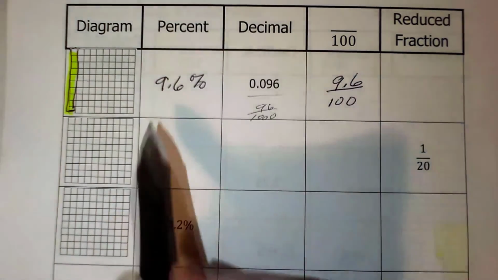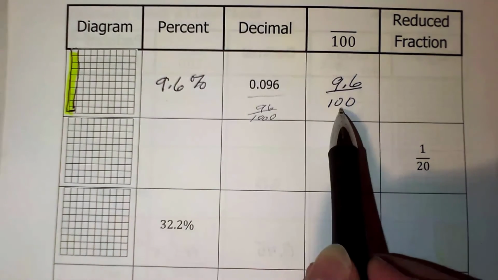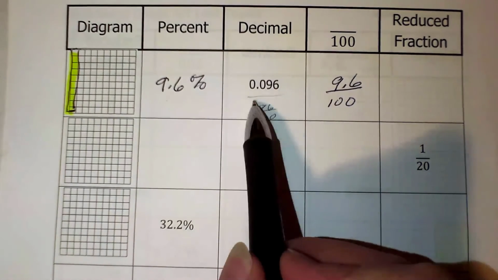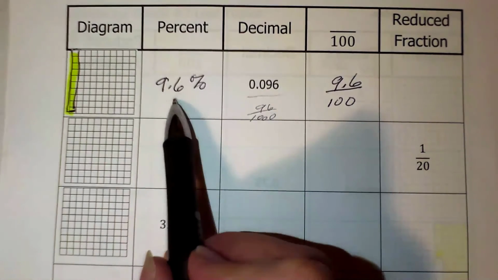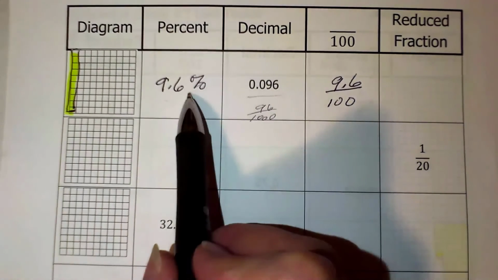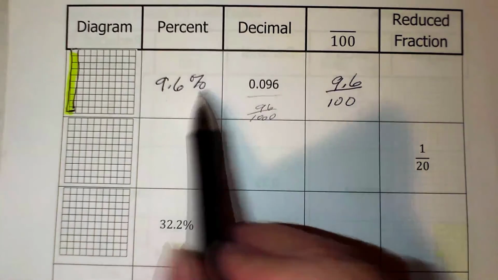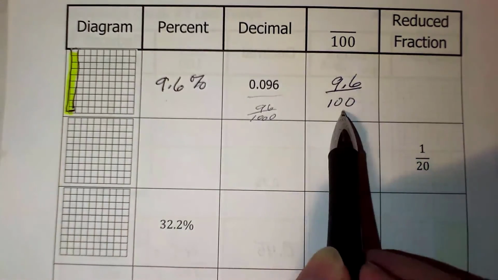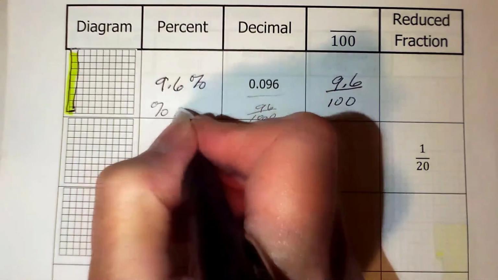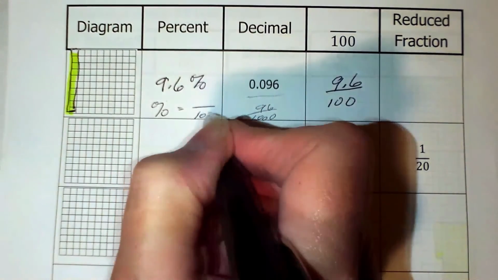It's easy to take a percent and turn it into a fraction, so instead of going from here to here, I might go from here to here, because this means per 100. So if I put the per 100 like this, this is the same thing as this.